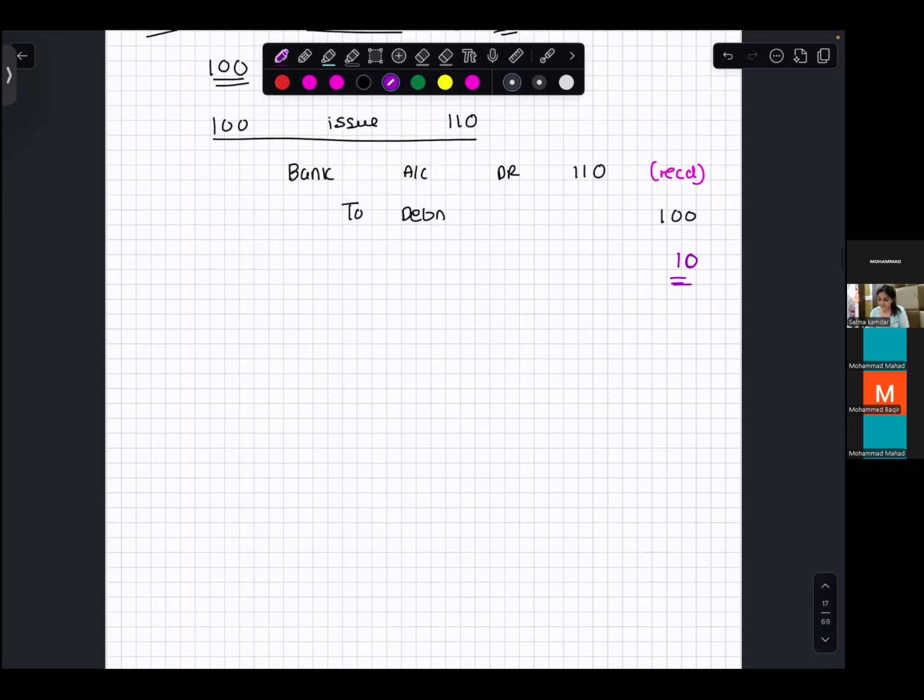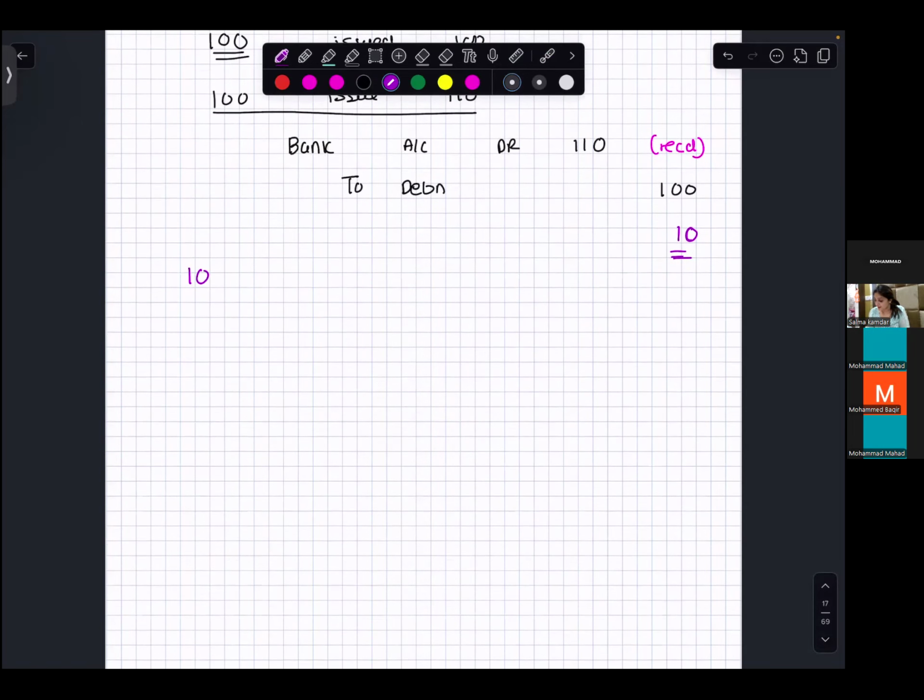First, let's fix this. Debentures of 100 issued at 90. Bank account debit, we are receiving 90, not 100. Debentures will be 100.